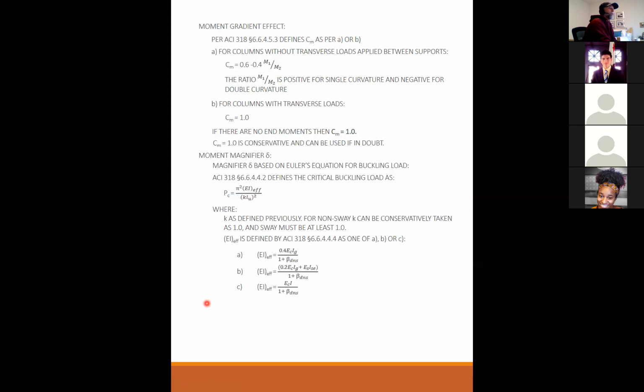Well, we just previously said that I could take I to be 70% of I gross, but that's only for the determination of the psi values. Now, the stiffness of the column is really, really important as to how much load it can take before it buckles.